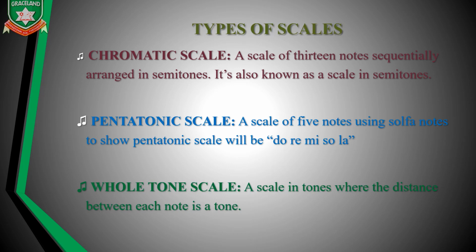A pentatonic scale is a scale that has just 5 notes. Pentagon, mathematics students, is a shape of 5 sides. And those 5 notes are do, re, mi, so, la, on any scale, any key of the music.